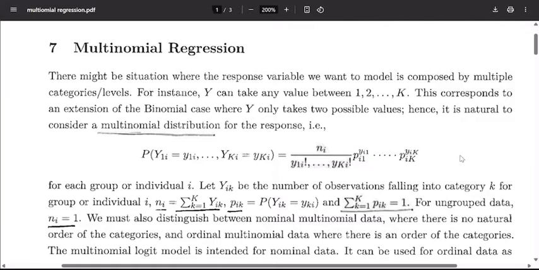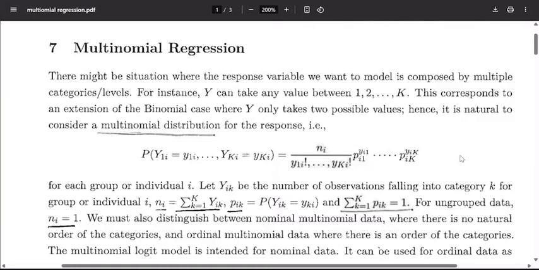The two types of regression model we want to do today are related, and I'm going to say the two of them are generalizations of the binary logistic regression model.